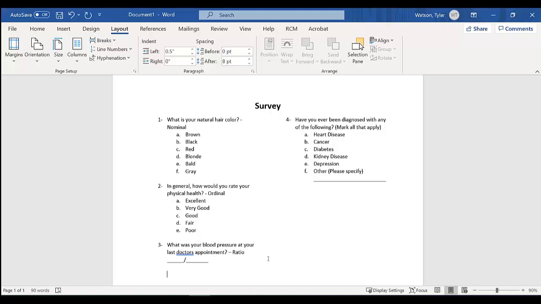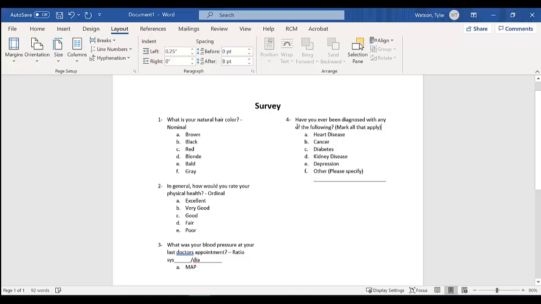Now, with this particular survey, we have sys, the systolic, and the bottom part as dia. And then we're going to add a separate 3A that is mean arterial pressure. And that'll come into play in just a minute when we get to Excel.